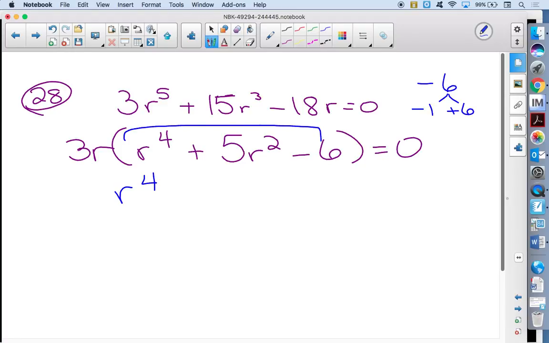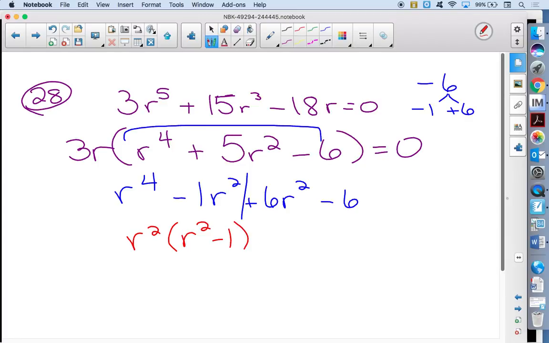We still factor that as a trinomial. And then -1r squared, +6r squared. That's the only difference. Whatever the middle term is has to match when you're writing it out. And then a -6. So now this is the grouping part where we put a line down the middle. Once you have 4 terms, it's grouping with 4 terms. So take out the r squared. That leaves us with r squared minus 1. Take out a +6. That also leaves us with r squared minus 1.